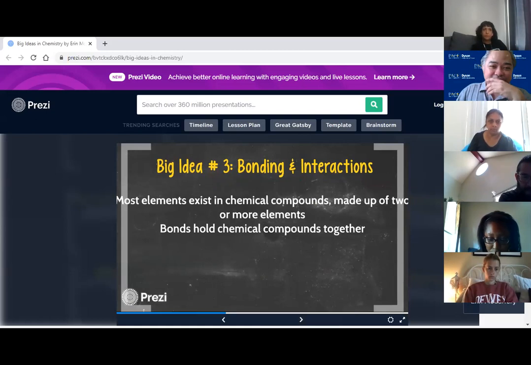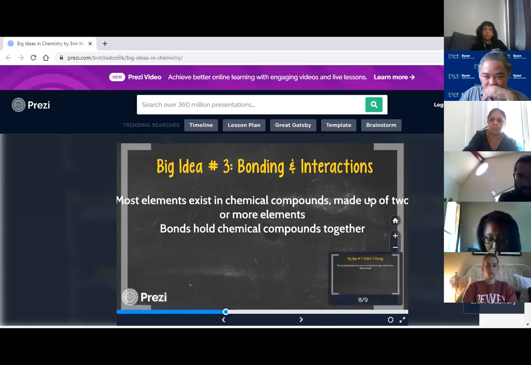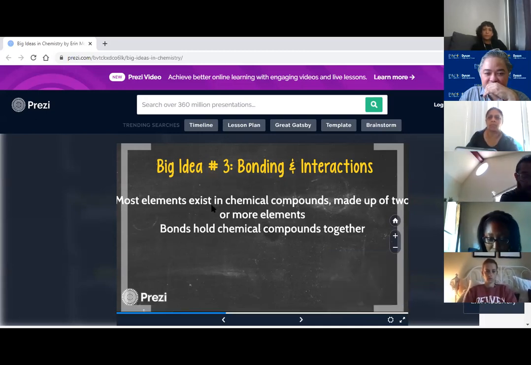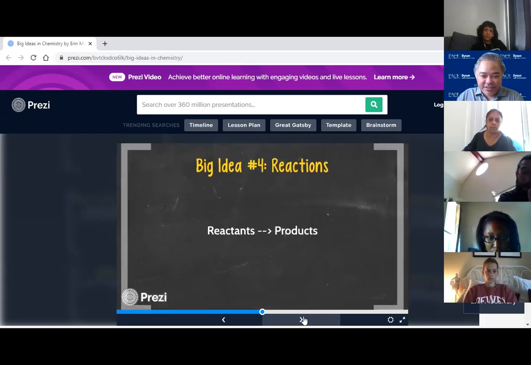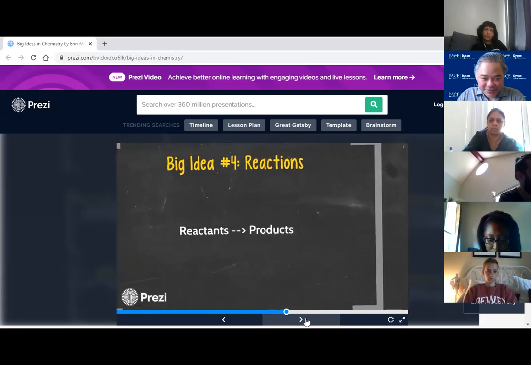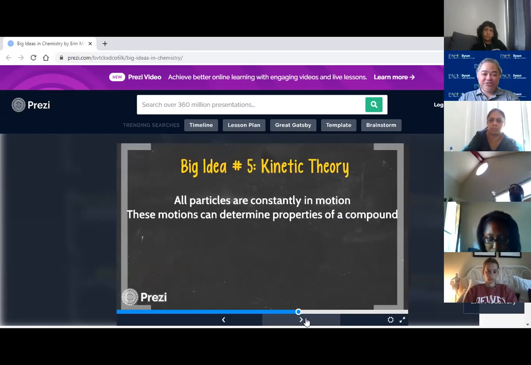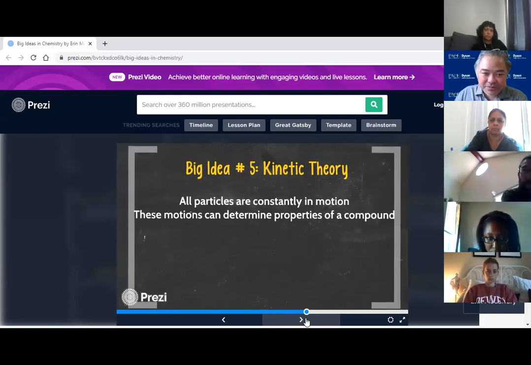Another big idea that was put here is that most elements exist in chemical compounds made up of two or more elements. Bonds hold chemical compounds together. And then another idea is reactants producing products. And then kinetic theory: all particles are constantly in motion, and these motions can determine properties of a compound.